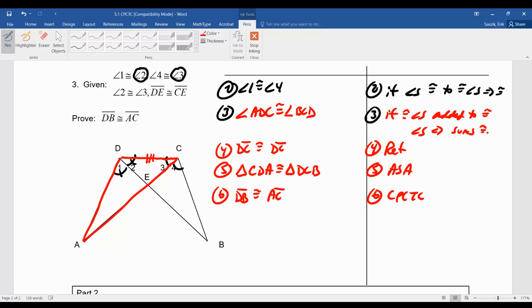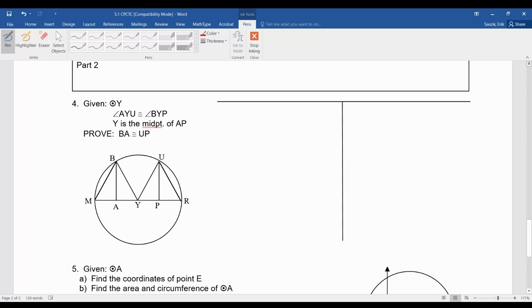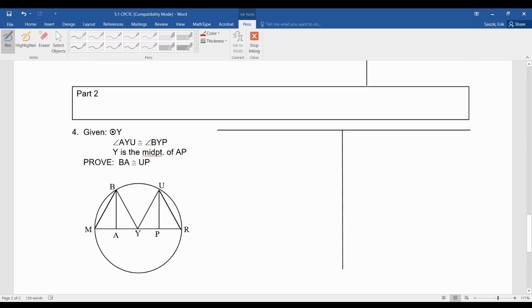You could prove these two little triangles congruent, which would then allow you to get EB and EA congruent, and then you add it to those two pieces to get the whole thing. I think it's about just as long, actually. So there is another way to do that one for sure.